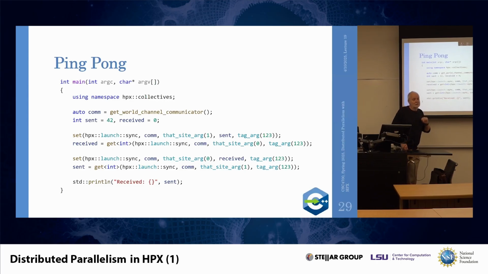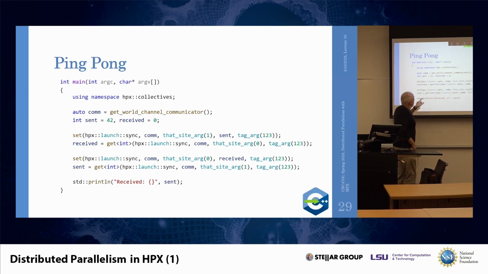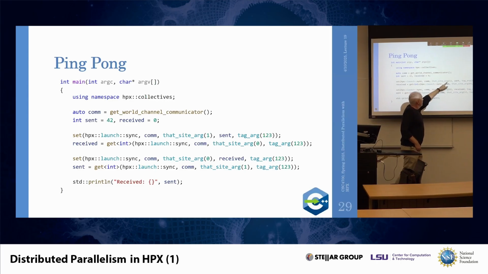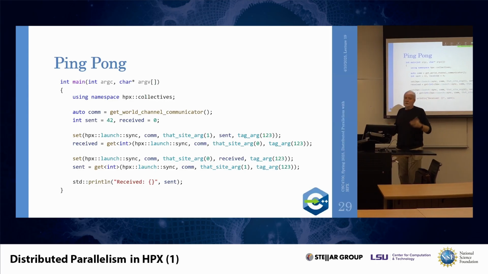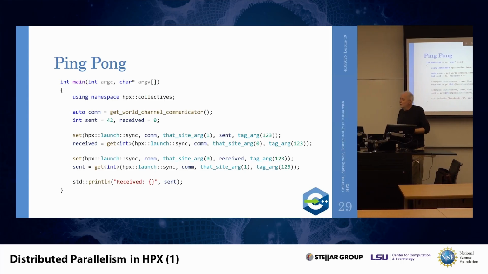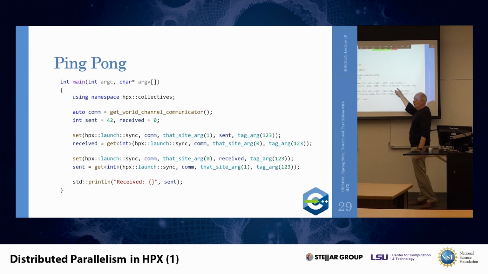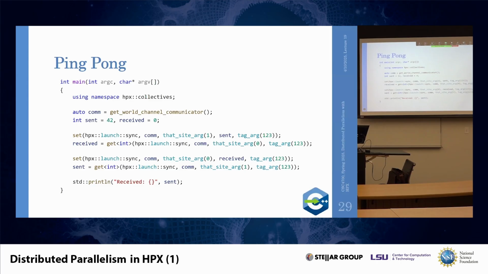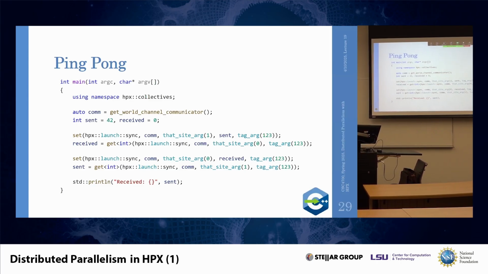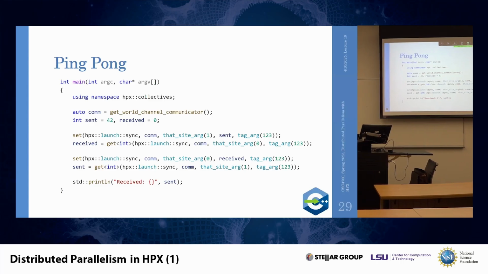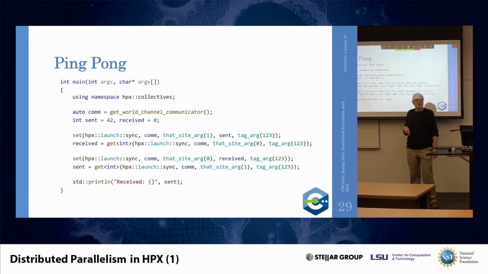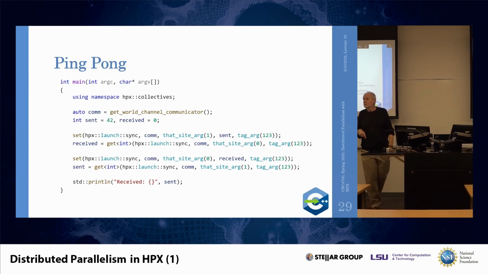Whereas the other locality will succeed. It will send some value to itself, which is okay, no harm done, but it will not do anything useful. And then it will wait for locality 0 to send its value over, which locality 0 did. And then it will send it back to the other locality and will successfully print things.